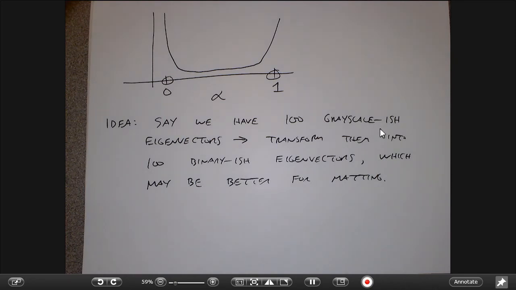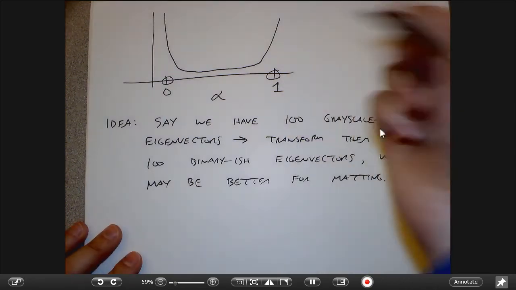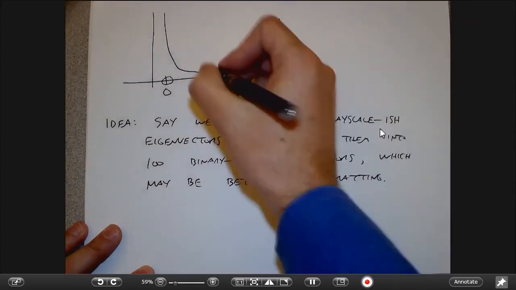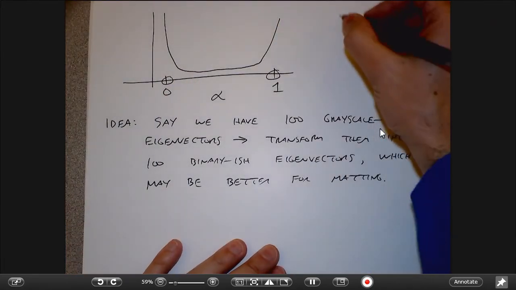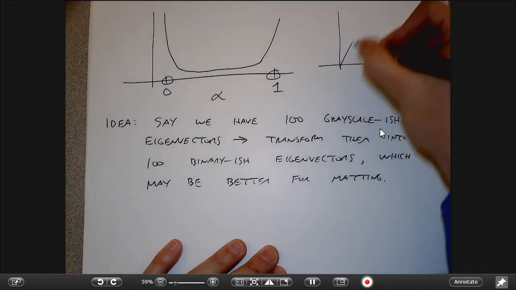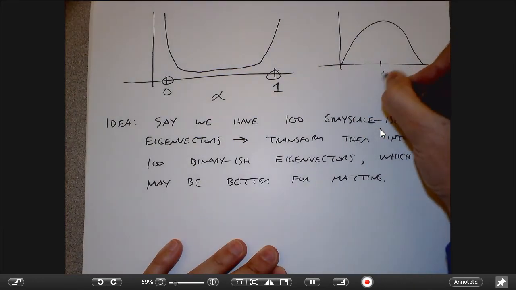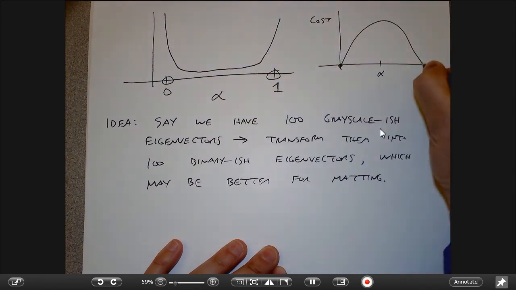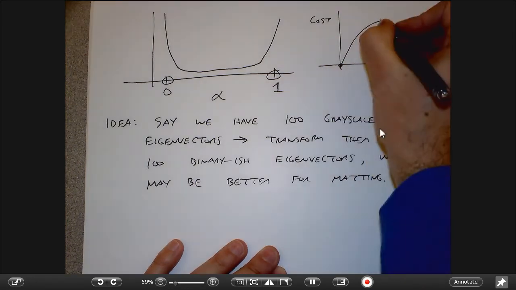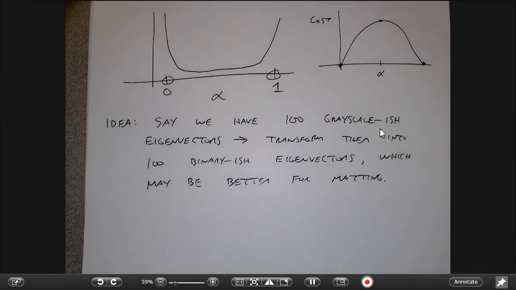So basically, you make a cost function that is the opposite of this picture. I want an alpha cost function that looks like this, where the cost is low if alpha is close to 0 or 1, and high if alpha is somewhere in the middle, right?